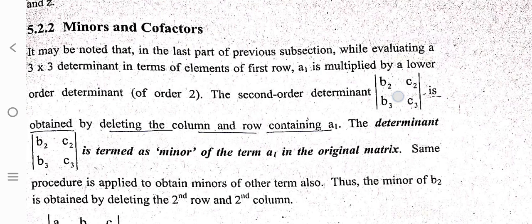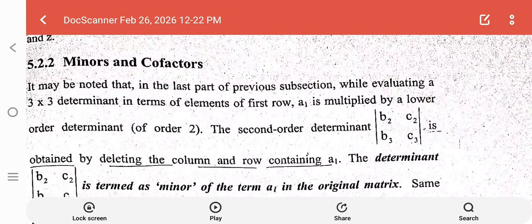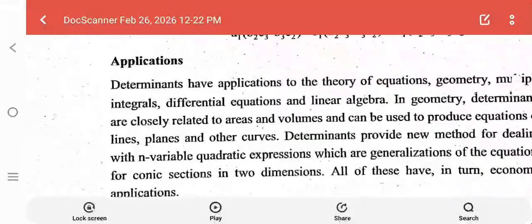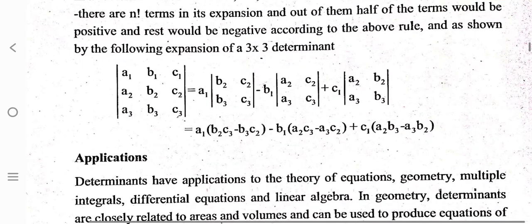In the previous subsection, we evaluated a 3 by 3 determinant in terms of the elements of the first row. So A1 is multiplied by a lower order determinant of order 2. The second order determinant is obtained by deleting the column and the row containing A1. This was our original determinant.